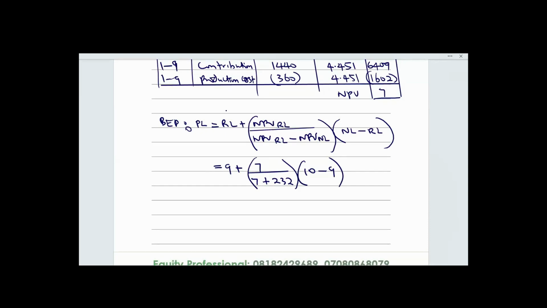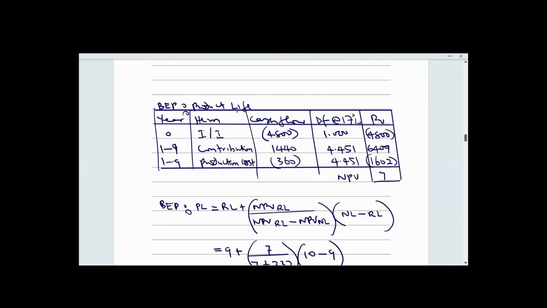Therefore, 7 divided by 239, multiplied by 1, plus 9. What you get? Give it to me. 9.03 years. So the break-even point of project life is 9.03 years.